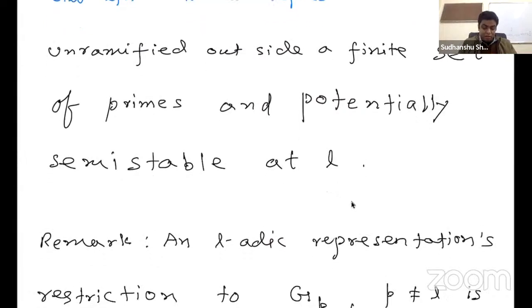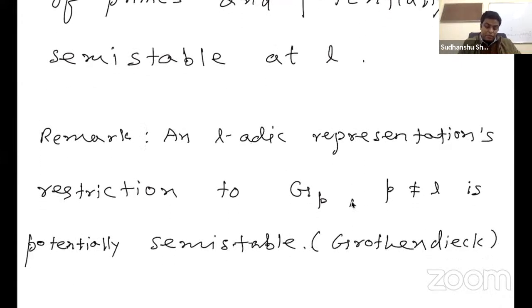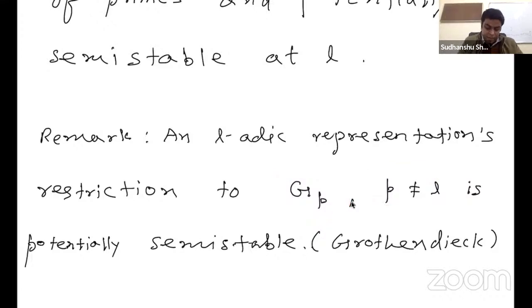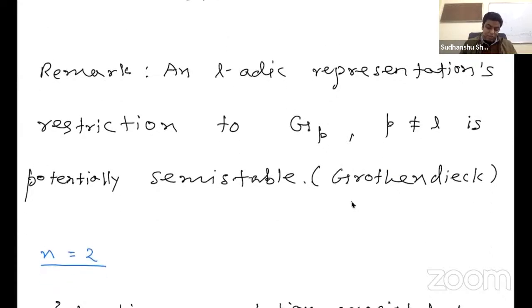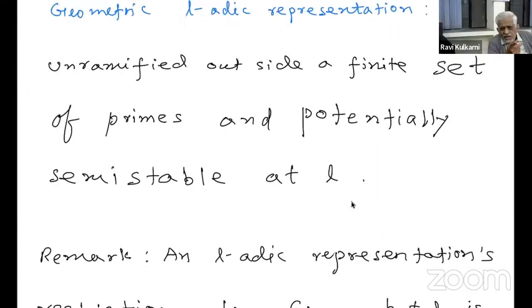But actually, one knows that if I take a representation of GP, where GP is the decomposition group at a prime p away from l, then l-adic representations of this group at primes away from l are actually always potentially semistable. So it's either unramified.